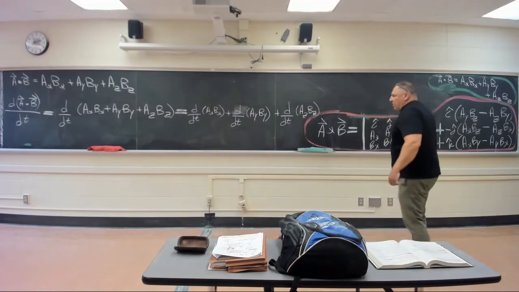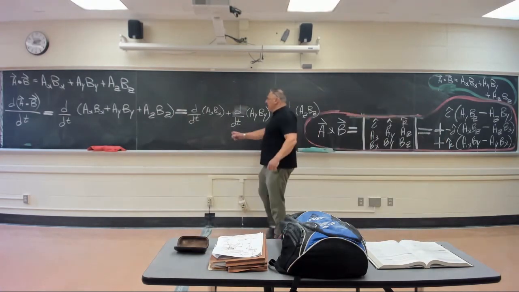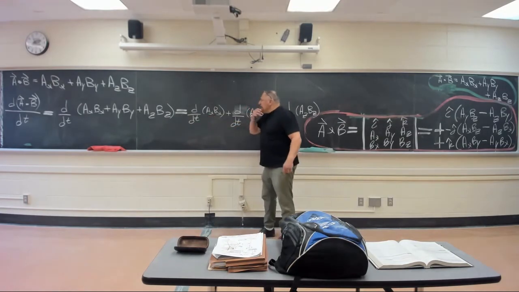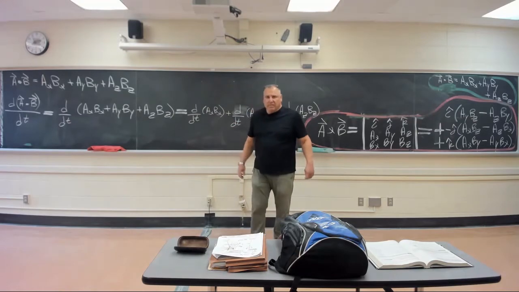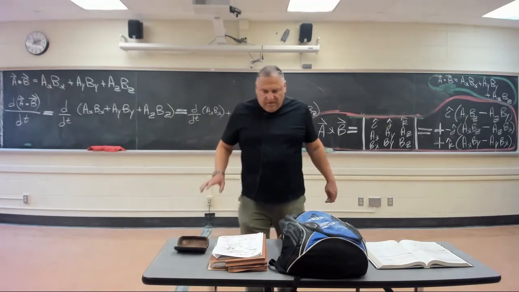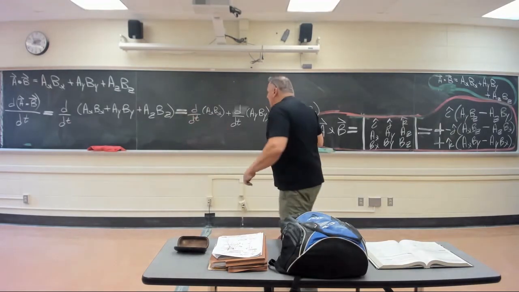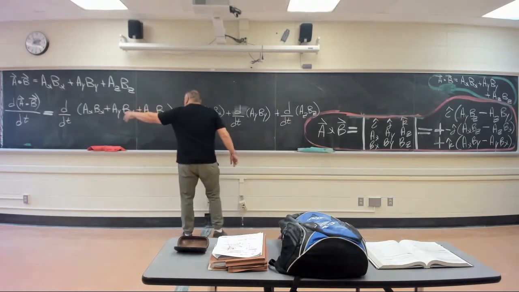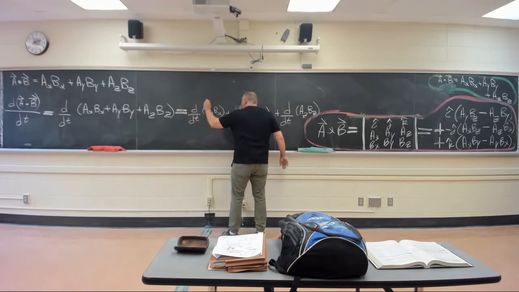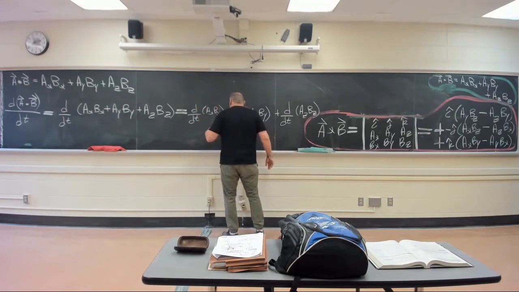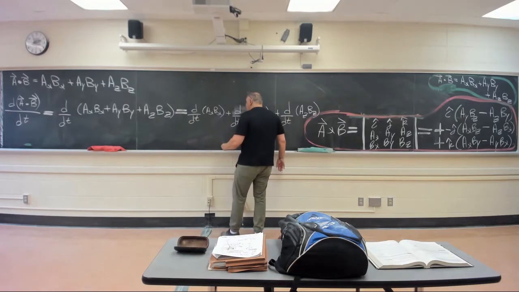Now, the derivative of a product is the sum of the derivatives. Forgive me, that's wrong. The derivative of a sum is the sum of the derivatives, true, and the derivative of a product is arrived at through the product rule.